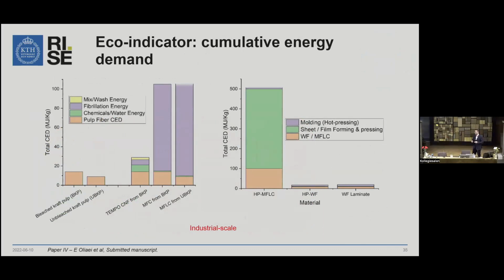And when we include the processes to create materials, the total energy demand will be much higher for the MFLC or CNF products compared to the wood fiber materials. And this is highly influenced by the film forming and the watering of the CNF or MFLC water suspensions.